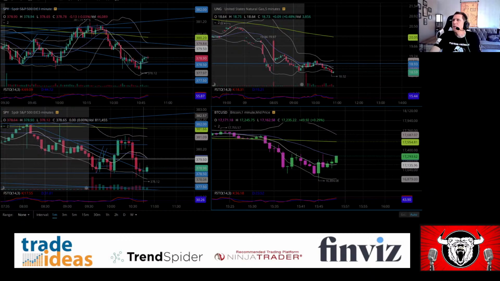Lots of wicks at the top on the SPY 5 minute chart, and we got lots of wick on the bottom where it's hit on the 5 minute chart.